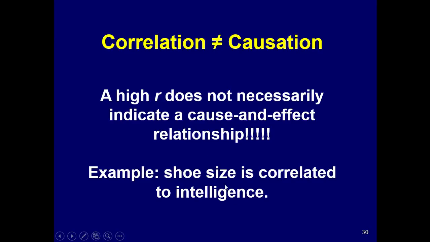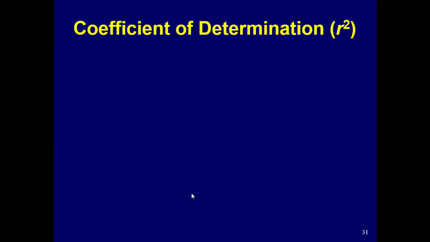As you get older, you become more intelligent as you learn more. So there's a third variable of age that really explains this relationship. So this is a great example where correlation does not equal causation. Shoe size is related to intelligence, but it's really age, a third variable, which explains what's going on here, and there's not a cause and effect relationship between these two variables.